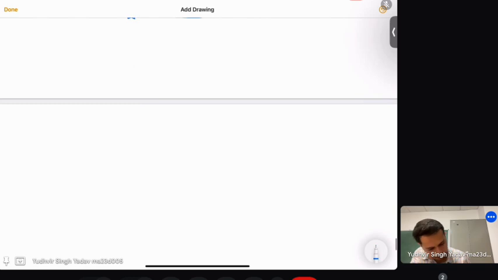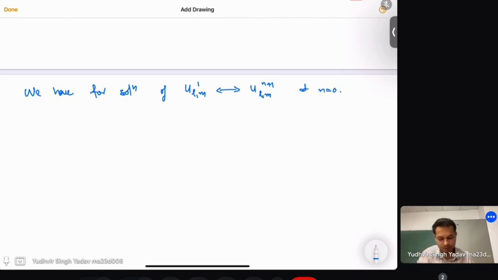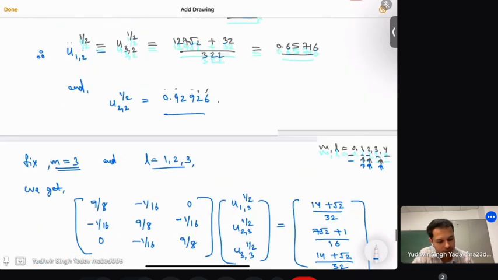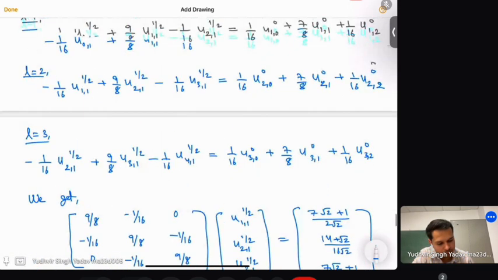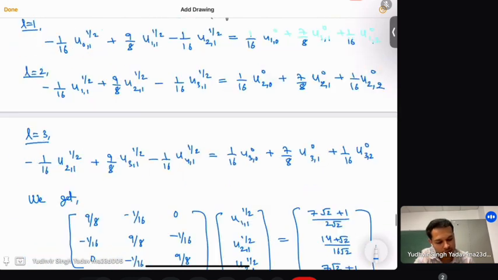So we have a solution of u l comma m 1, that is nothing but u l comma m at n plus 1 at n equals to 0. So this equation number 4, now we will use this one as our second step.